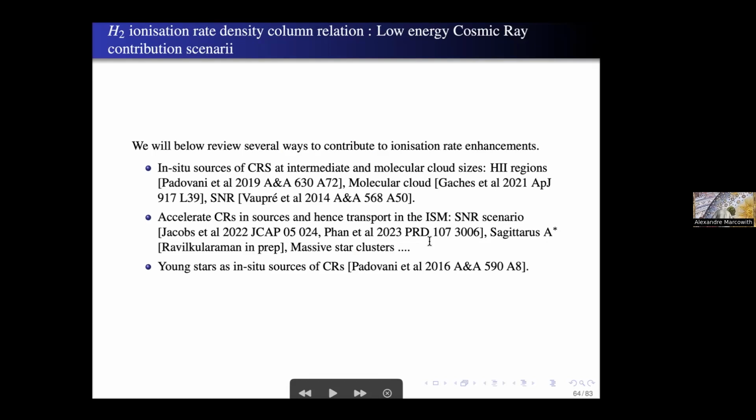We effectively see an enhanced ionization rate, about 10 to the minus 14 per second, around the supernova remnant, likely associated with the injection of low energy cosmic rays by the supernova remnant itself. They can accelerate in the source and then be transported in the interstellar medium. So this strongly depends on the diffusion coefficient, now not at GeV but at MeV, which is even less known in the model.